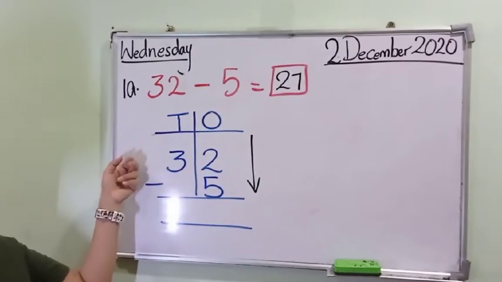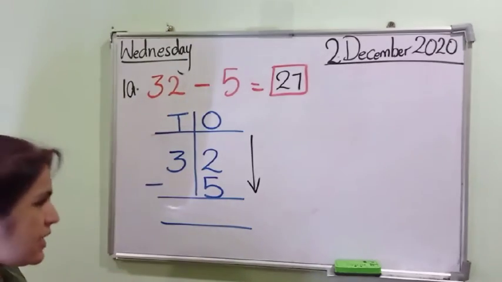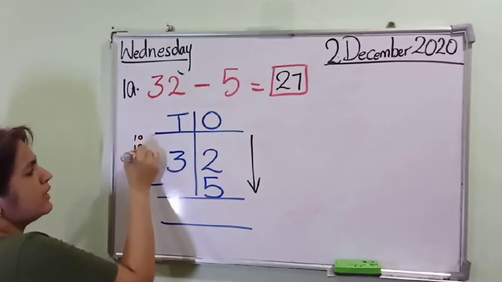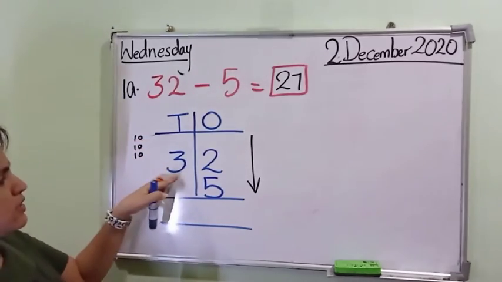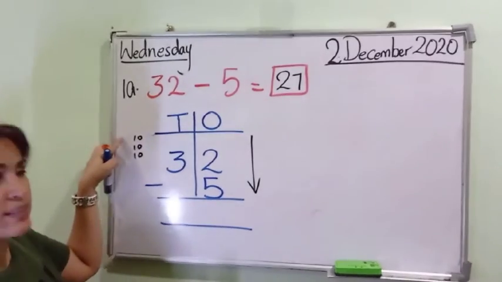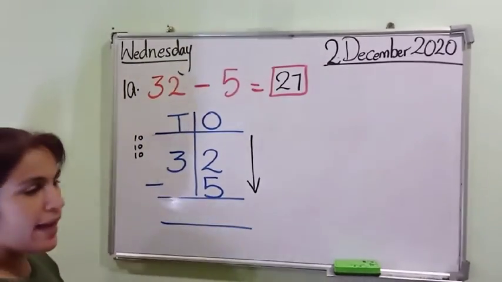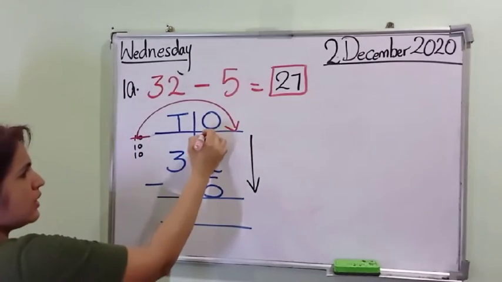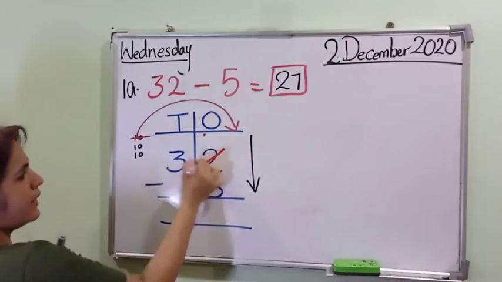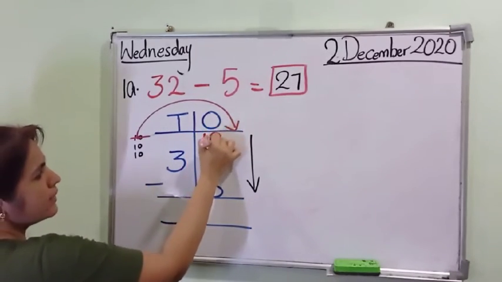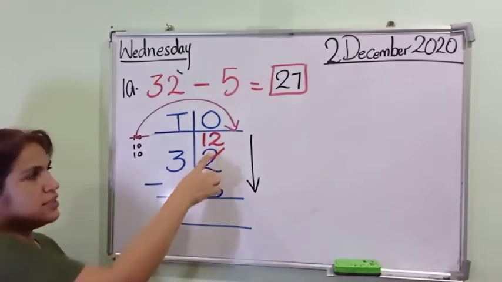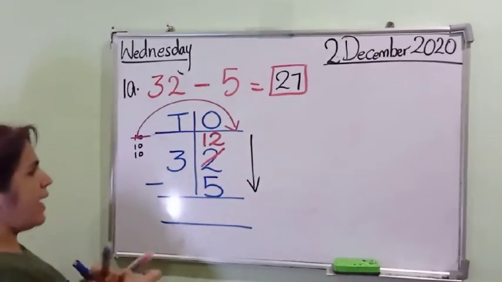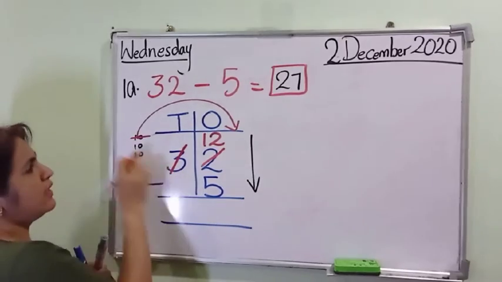From where are you going to borrow? You're going to borrow from tens place, because in tens place there are 3 tens, 10, 20, 30. So this is 32. So of 3 tens, you are going to borrow 1 ten and send it over to ones place. So here it will become 10 plus 2 is 12. This is a new number which you need to write here. This 2 plus this 10 has become 12, and then here there were 3 tens.